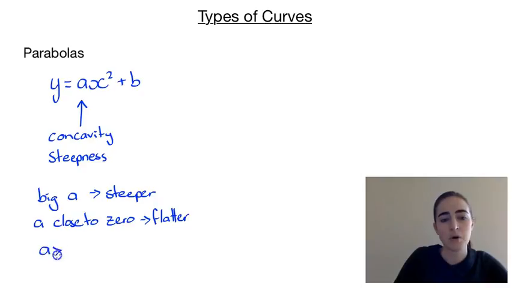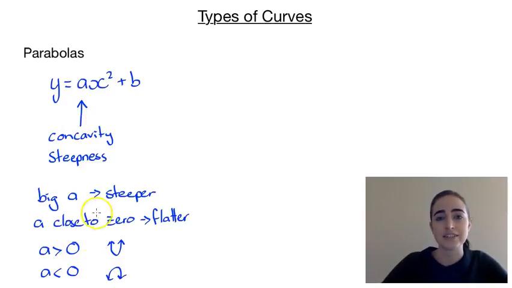Now if a is a positive number, so greater than 0, that means our parabola is concave up. And if a is a negative number, so it's less than 0, then our parabola is concave down. So that's what this number at the front tells us.